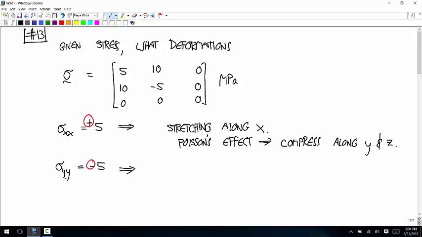Due to that negative stress, we're going to have compression along the y-axis, because that's negative. And the Poisson's effect, what does that require? Stretching along x and z.